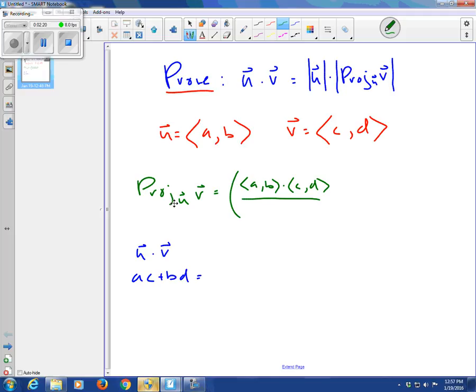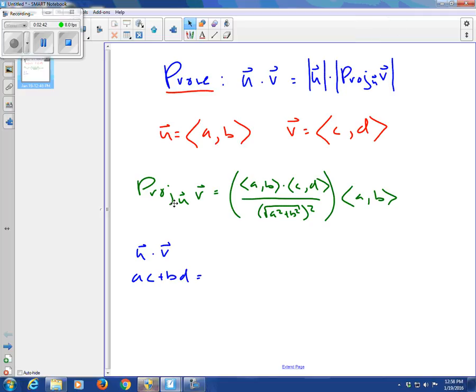So the magnitude of u is going to be the square root of a squared plus b squared, and then that quantity squared. So there's our scalar that we are going to multiply our vector u by. And our vector u, again, is right here, that <a, b>. So we can simplify the numerator a little bit, and then we're going to distribute this big scalar through to both a and b to get the projection.